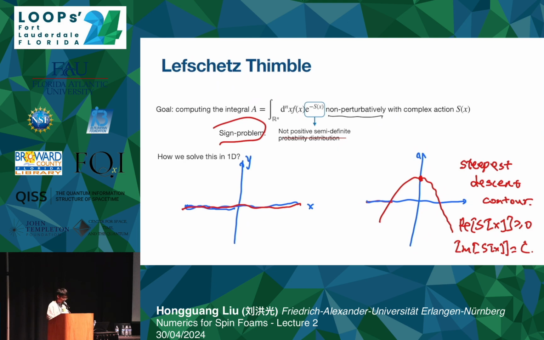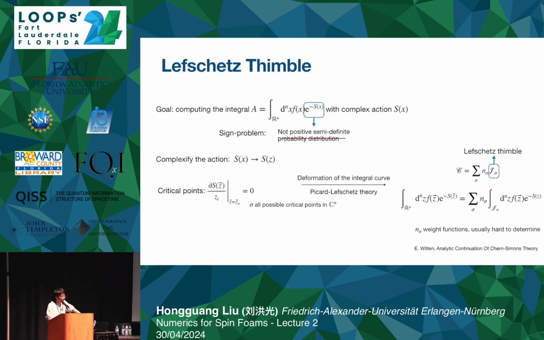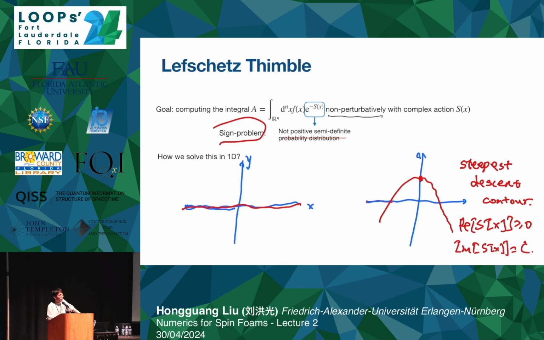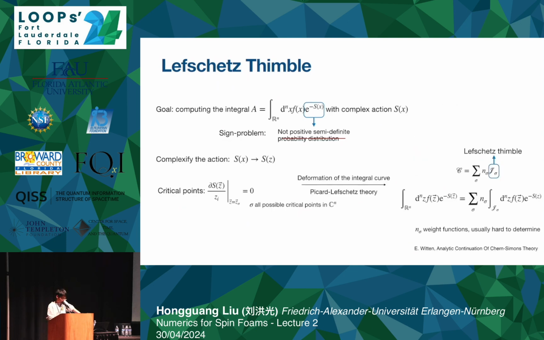And Lefschetz thimbles is basically the idea to generalize these ideas into multidimensions. So what happens is we have critical points, and again, we deform the integral contour. But now this is not only 1D, it's a multidimensional thing. So how do we find the equivalent integral contour for this multidimensional thing?